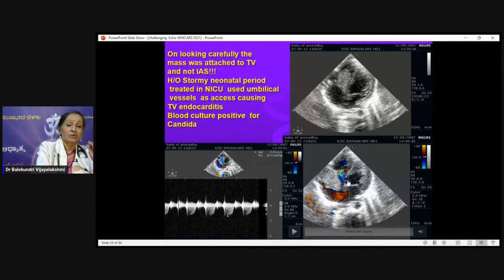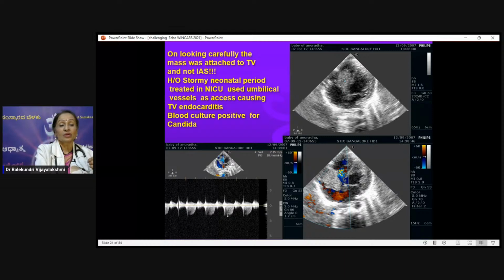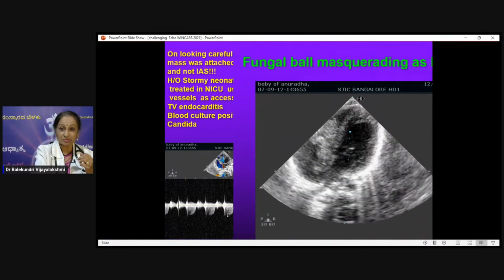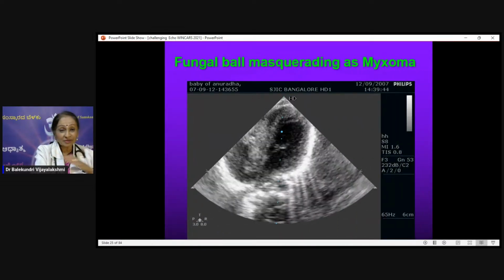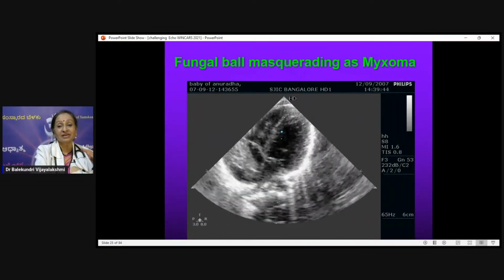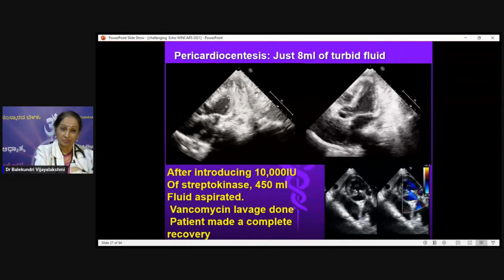So here, in the stormy neonatal period, the child was treated in the NICU, and the umbilical vessels were used for the access to give the antibiotic, and like IV drug abusers, the child had developed a vegetation on the tricuspid valve, and this is not a congenital heart disease, it is because of our problem.